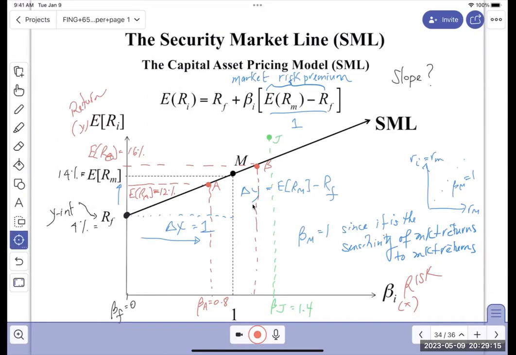For this beta of 1.4, for this level of risk, there's this expected return that's off the SML.